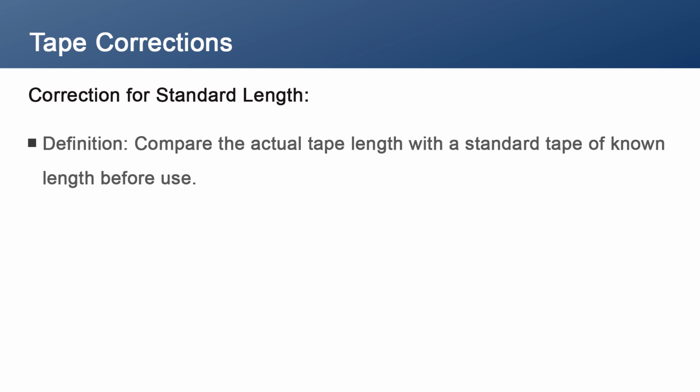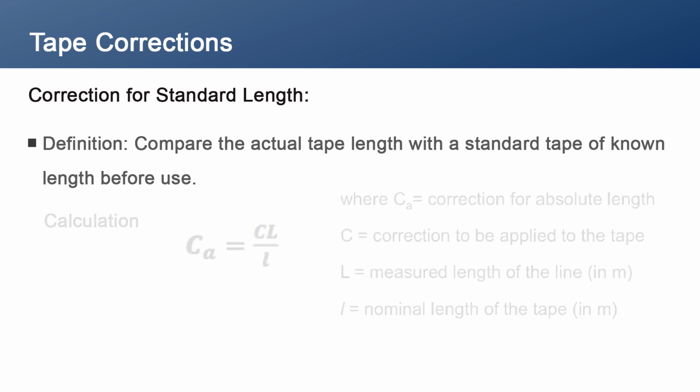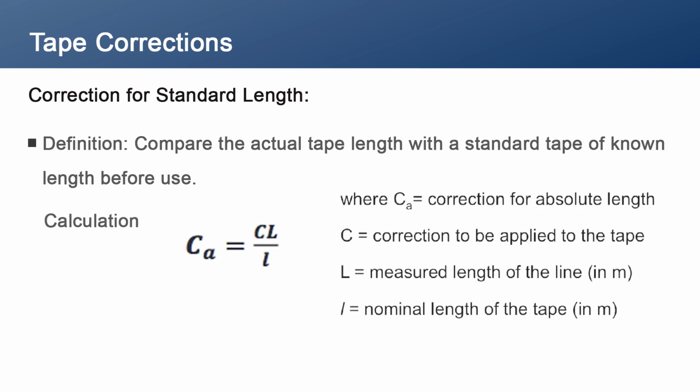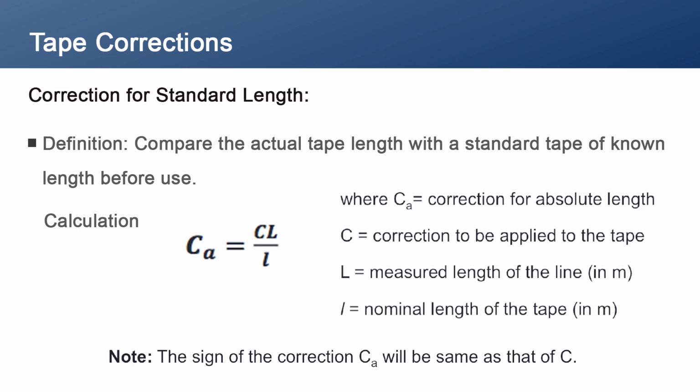If the actual tape length is not equal to the standard value, a correction will have to be applied to the measured length of the line, which is given as CA = LC/l, where C is a correction for absolute length and capital C is a correction to be applied to the tape, L is the measured length of the line and small l is the nominal length of the tape. The sign of the correction CA here will be the same as that of the C.